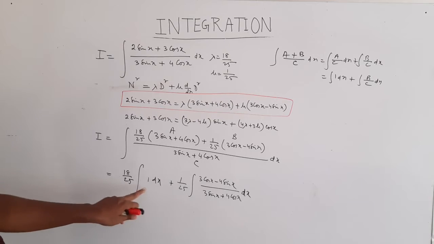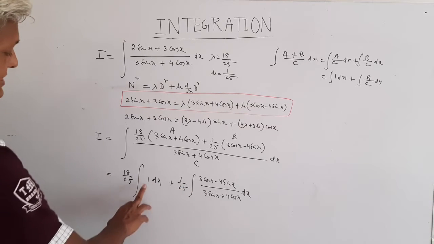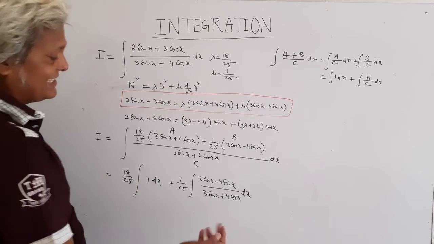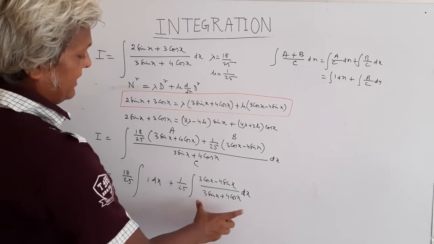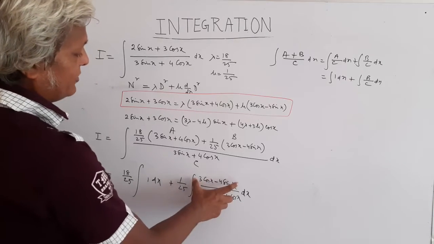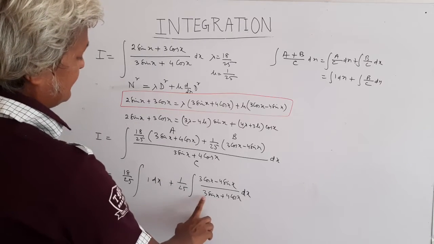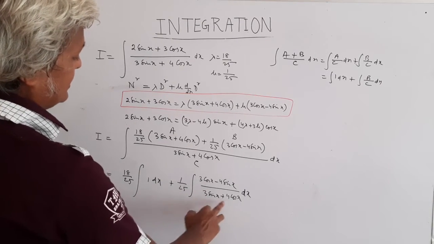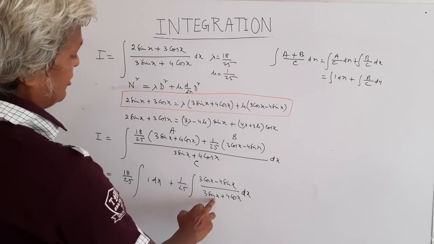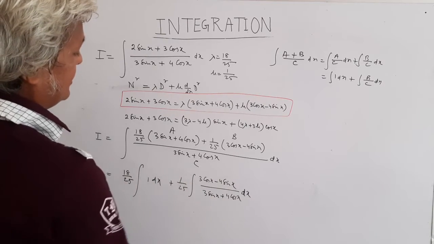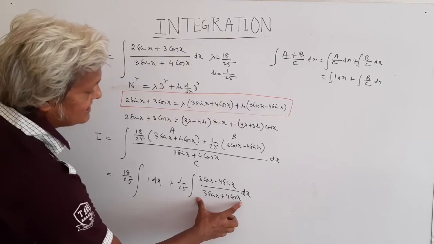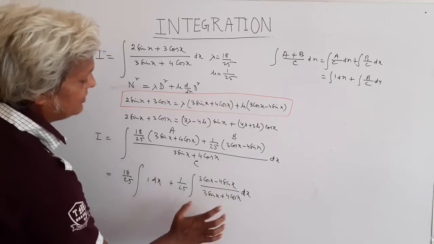So you see that both these forms are integrable. Integration of 1 dx is just x, and here you see that if the denominator is something and the numerator is just the differentiation of the very same thing, with 3 sin x plus 4 cos x, the differentiation will be 3 cos x minus 4 sin x. So like if you take the denominator as t, this will automatically become dt over t.